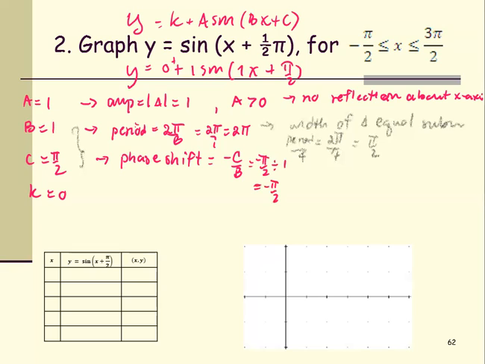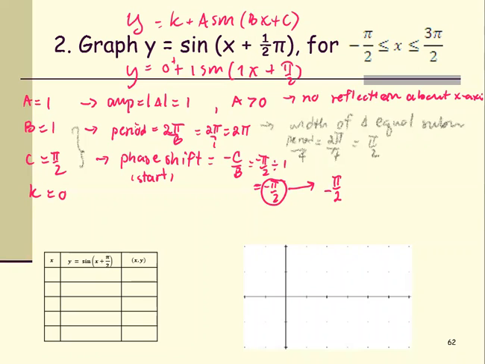And negative pi over 2 here will tell you the beginning of the cycle, or the beginning of the 5 key points that we're going to use to complete one cycle. The graph starts at the phase shift, so I'm going to put a note here: start at negative pi over 2.